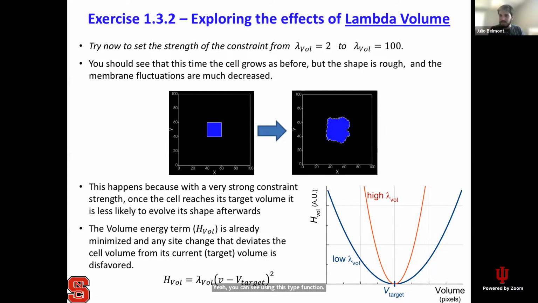Yeah, bigger energy, bigger resistance to change once you are on the target. If you're away from the target property value, then it goes there very quickly. But once it reaches there, it has a very big resistance to change.